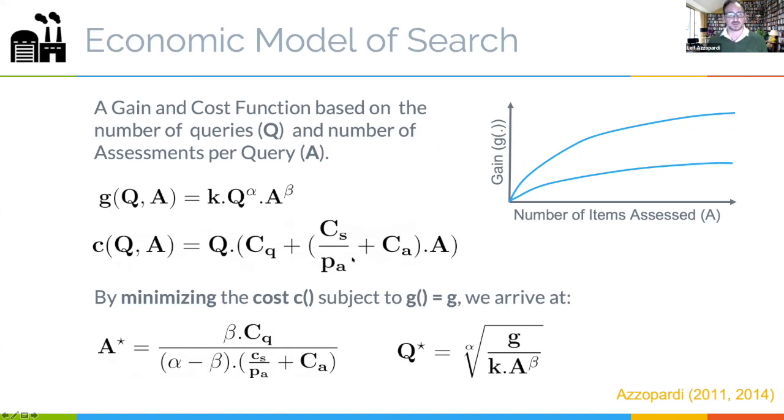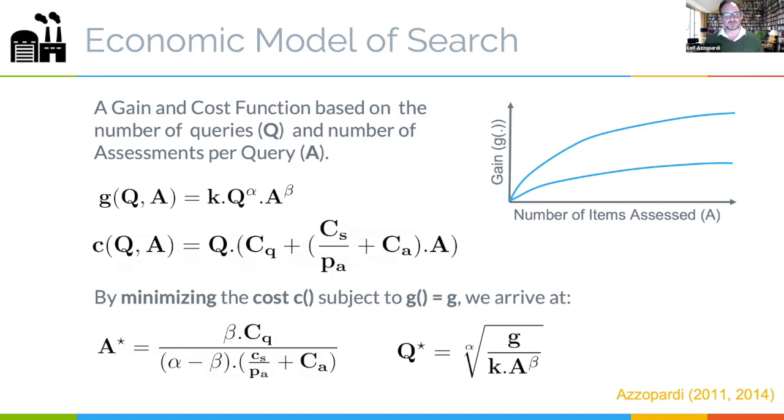And looking at the items themselves also comes at a cost, as well as some cost of inspecting the result snippet. So we can formulate this as an objective to minimize the cost of inspection to obtain a certain amount of gain, and arrive at the following formulas, which you don't need to go into in any detail here.